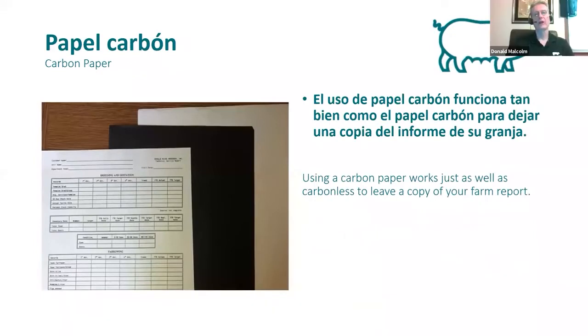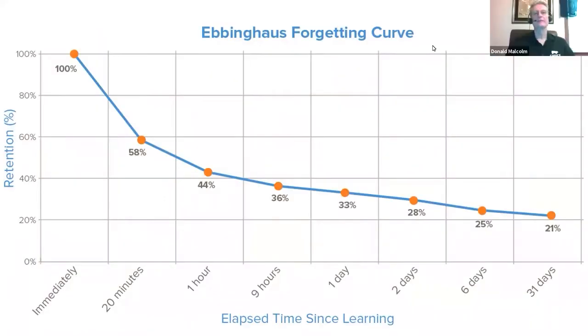You can also use carbon paper, where when you write, it just writes to the carbon paper. So this is an Ebbinghaus curve, and what this curve tells us is how long, when you're teaching, when you're transferring information from one person, they retain it.